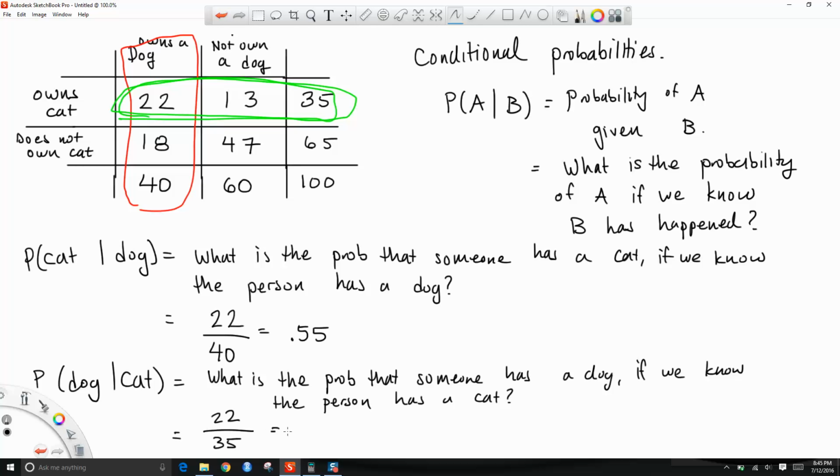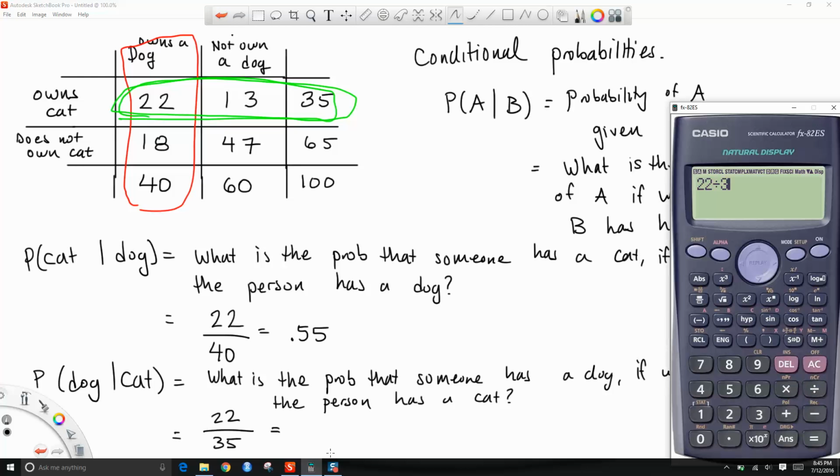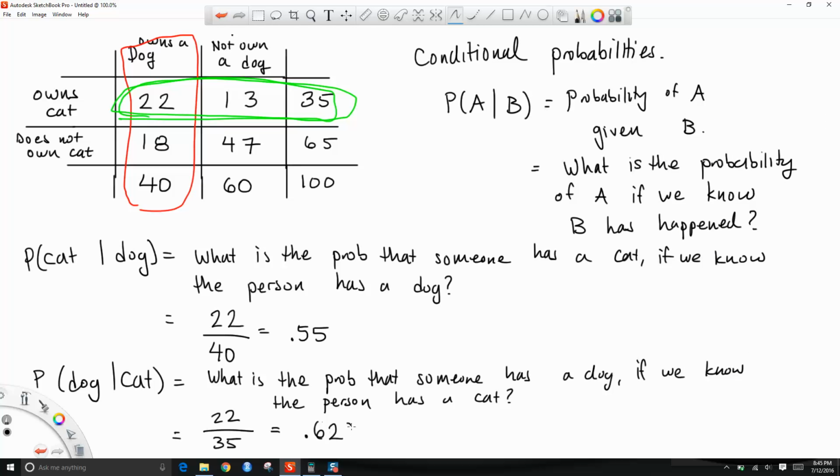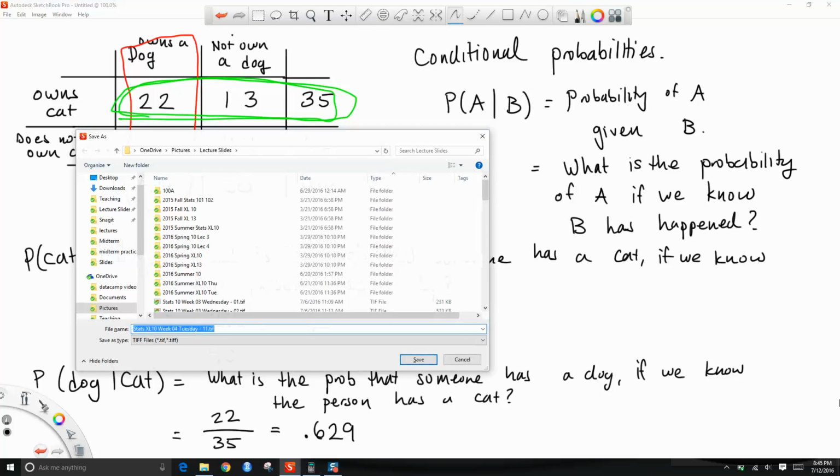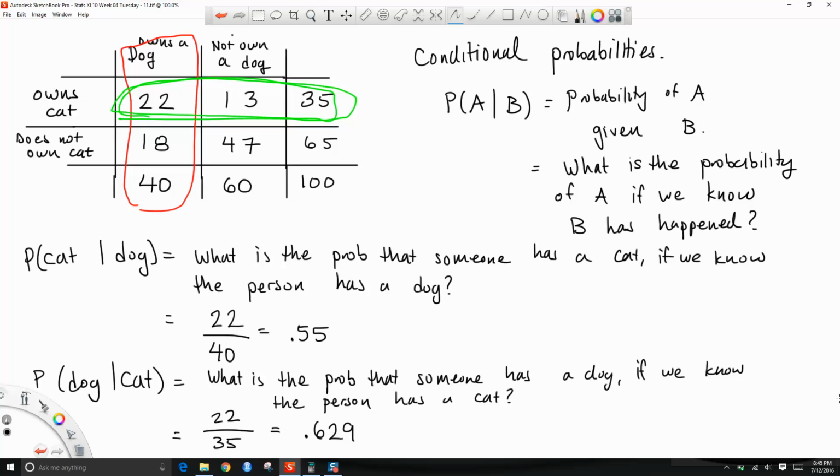Okay, and so my answer here is 22 over 35, and that's 0.629. Is everyone good with this so far? Okay.